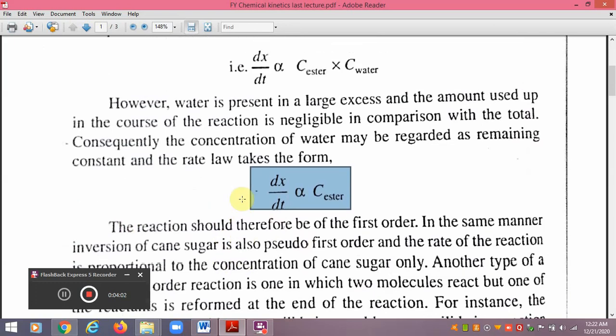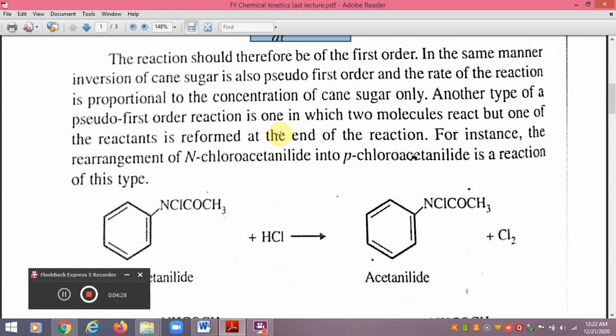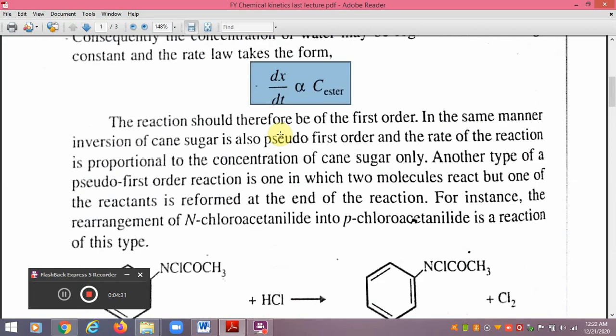What is a pseudo order reaction? It is simply a reaction whose expected order is not equal to the actual order, or the theoretical order is not equal to the observed order. It can also be defined as a reaction in which molecularity is not equal to the order of reaction.